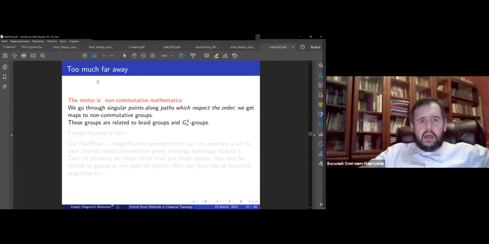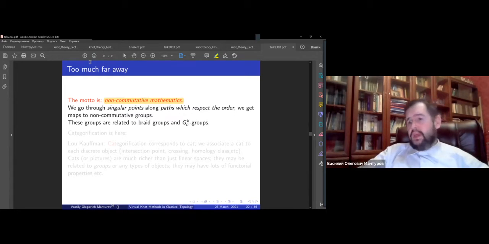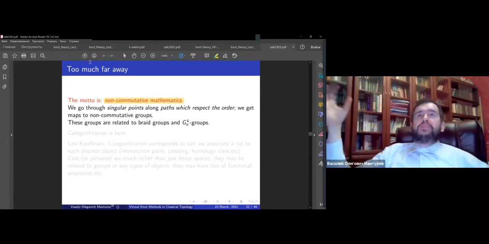So here I want to construct some non-commutative mathematics. In our attempt to replace homology with homotopy, we can say the following: assume we have some intersection between, say, two manifolds of complementary dimensions.